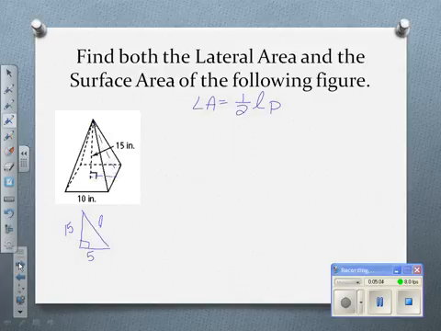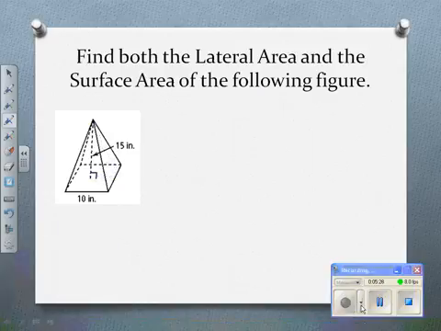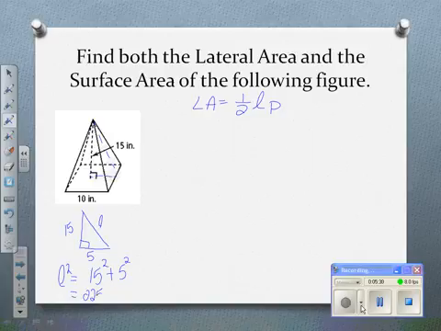So L squared is going to equal 15 squared plus 5 squared, which is 225 plus 25.